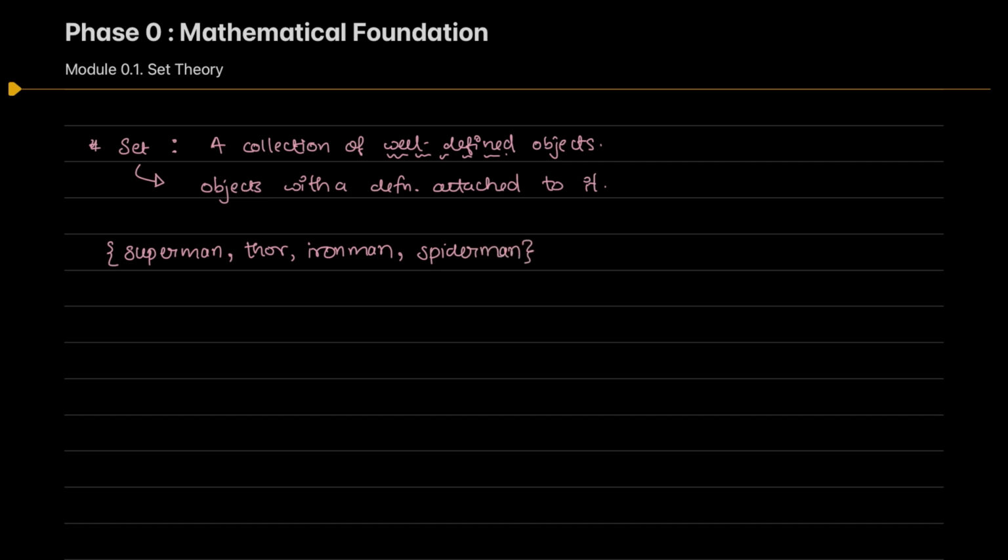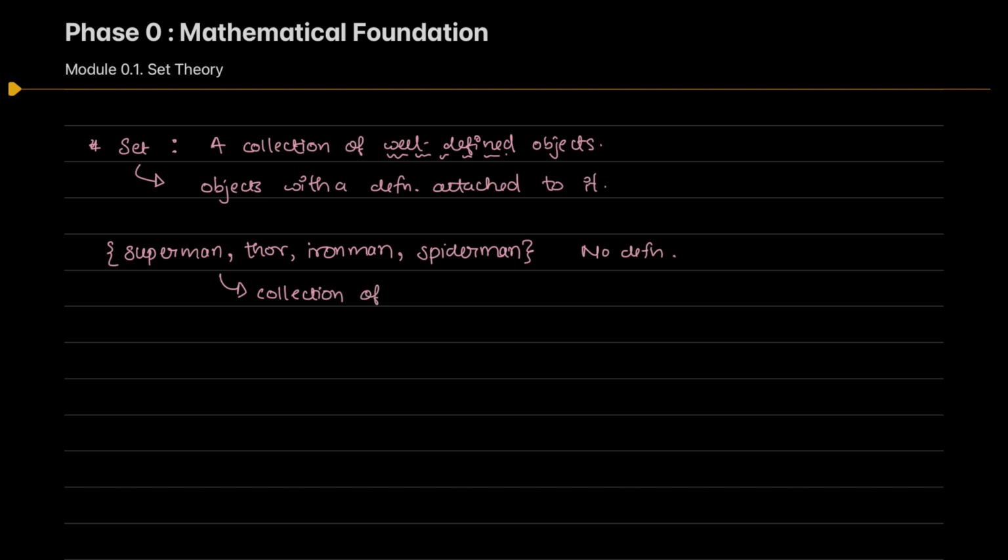Now see, this is a set of 4, basically just a set of 4 superheroes, but it has no definition attached to it at the moment. When I say a set of superheroes, it can have anything. It can have Superwoman, Hulk, Daredevil, Punisher, and so many other folks. But at this point of time, there is no definition attached to it. So this is just a collection of objects.